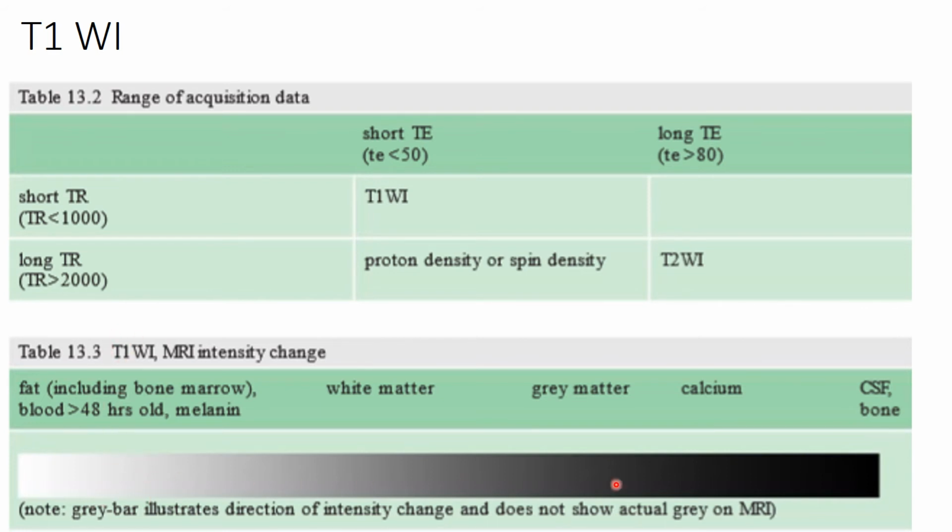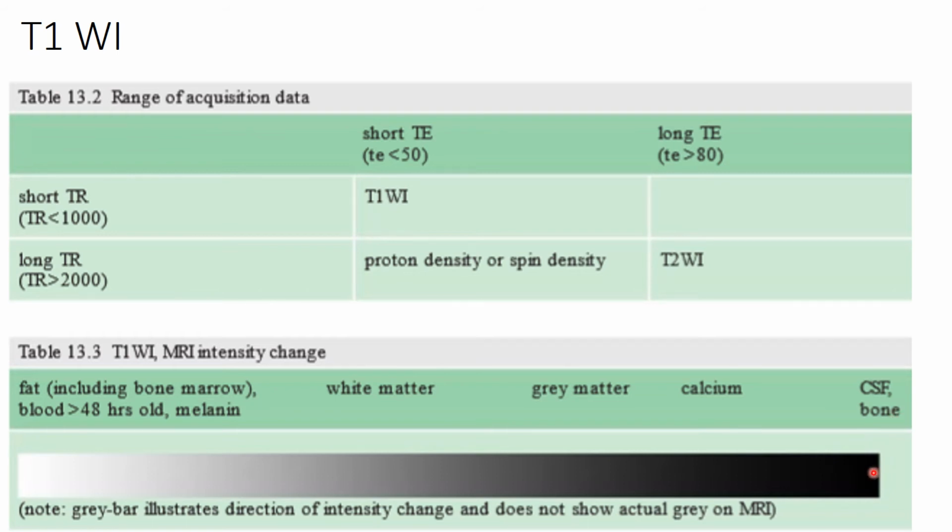At the other end, the CSF will appear hypointense, and the bone will also appear hypointense. This is one of the ways to differentiate between T1 and T2. We'll talk about it in the next slide.